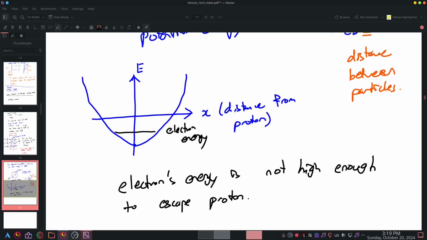Electron energy is not high enough to escape proton. So what happens? All this energy is trapped over here. It's trapped within what we call a potential well, because this is potential energy. The electron has this amount of energy and is trapped in a potential well. Let's just call this E1, for example.